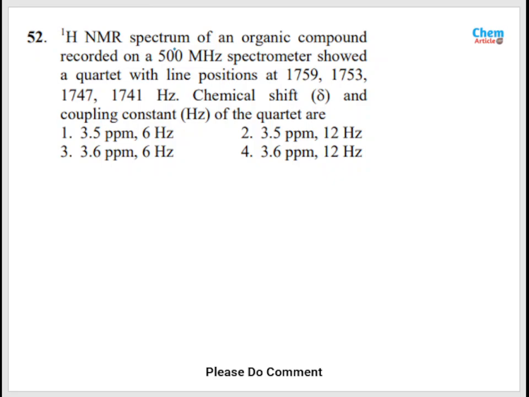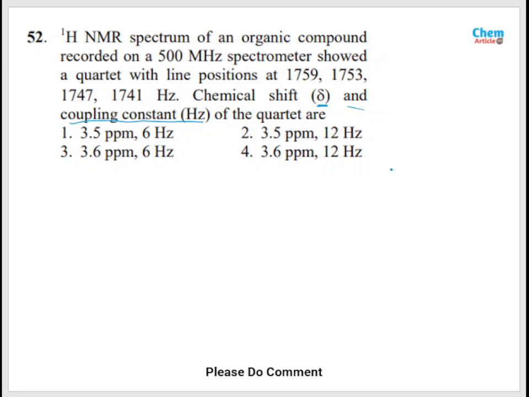The NMR spectrum of an organic compound recorded at 500 megahertz shows a quadrant line at positions respectively, and you find the chemical shift delta value and the coupling constant.